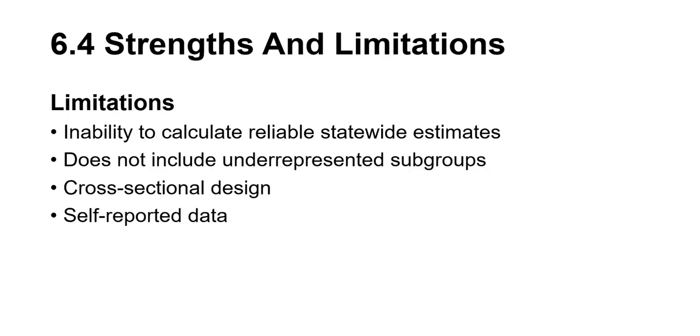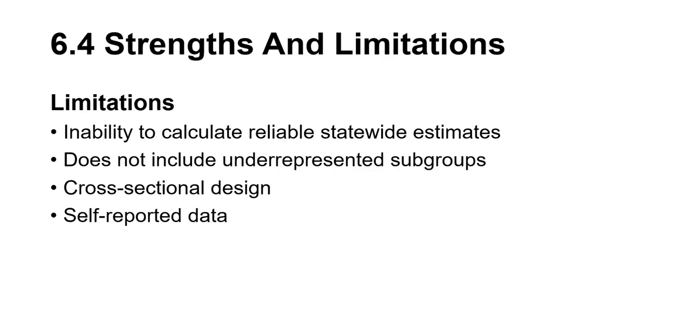Some of the limitations of the NHIS include the inability to calculate reliable statewide estimates. The NHIS does not include underrepresented subgroups. So, for example, with our study on Arab Americans, we can only look at Arab American immigrants because they are not included as an underrepresented subgroup in the racial and ethnic group files.